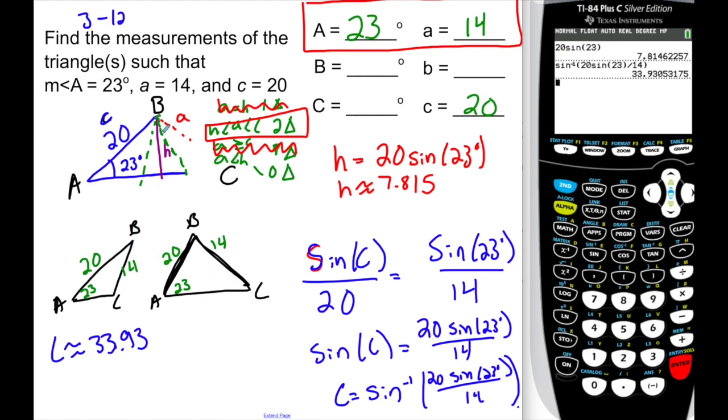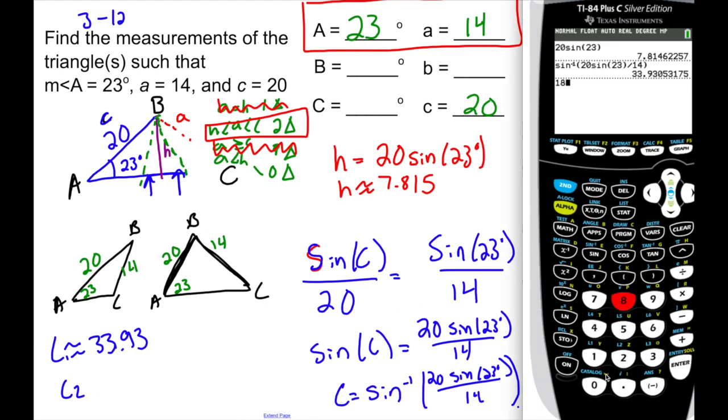But remember, it kind of splinters here. So I have this angle and this angle. We talked about how this is effectively an isosceles triangle, so these angles I'm pointing to are the same. And so if this arrow on the left points to the angle, it's 33.93. The one on the inside, the other C, I guess we'll call it C2, has to be the supplement of that.